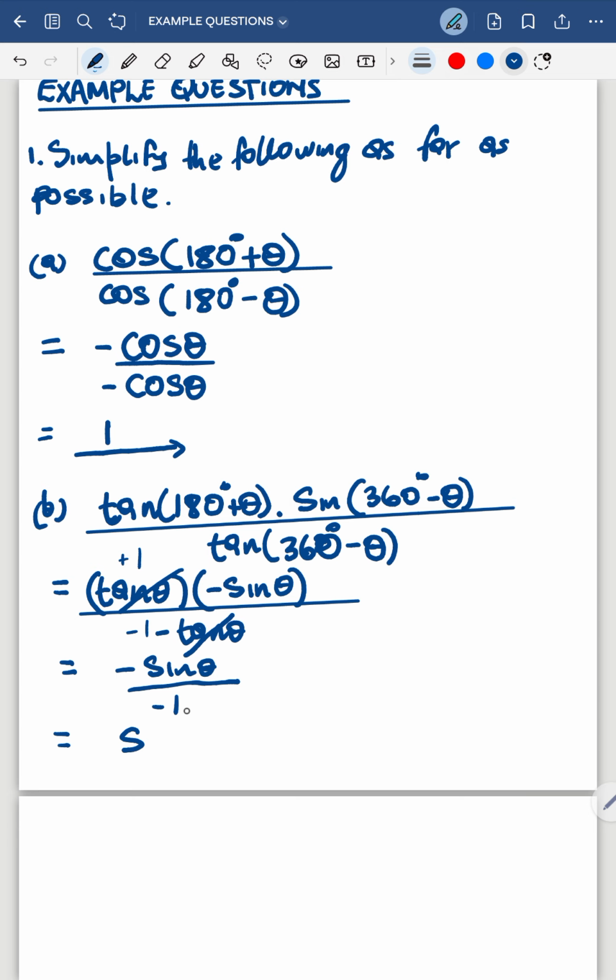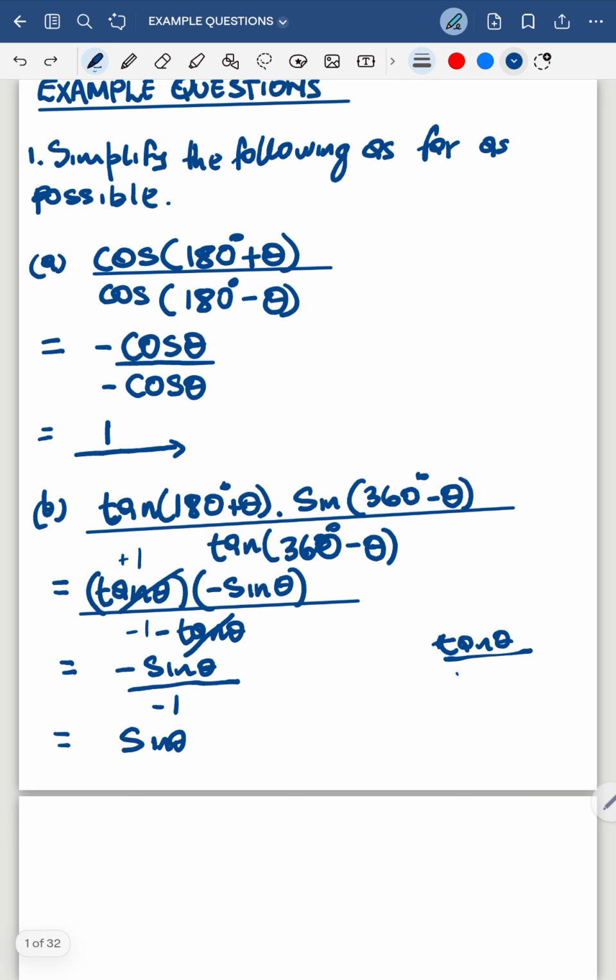Then sine theta divided by 1 is sine theta. Please never make the mistake of not following what I did. If you are dividing like this, tangent theta over sine theta, they can't divide. These are unlike terms.